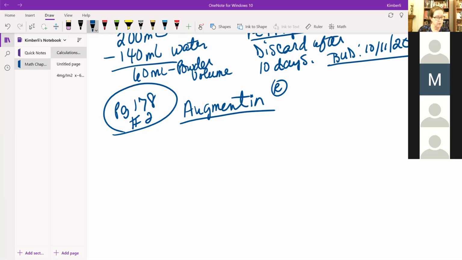And so it gives you 2 strengths. This bottle has 125 milligrams of amoxicillin, and 31.25 milligrams of that clavulanate potassium.